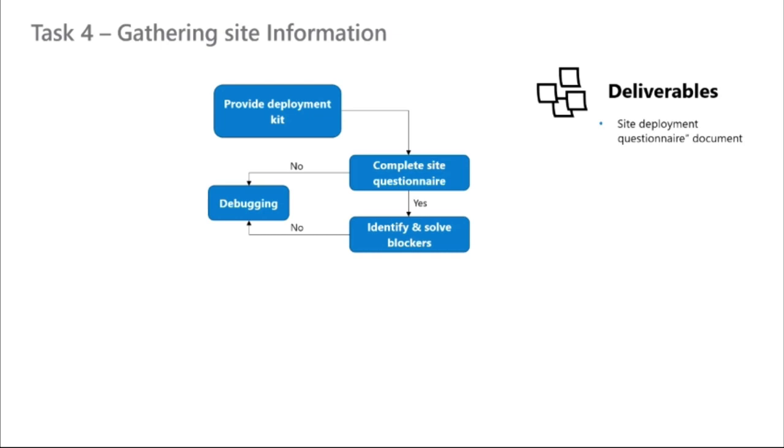This will allow us to fine-tune and understand how we want to do the deployment at an early stage with as much visibility as possible. So we send out a very comprehensive site questionnaire that allows us to make all these pre-configurations also on the side of the customer.